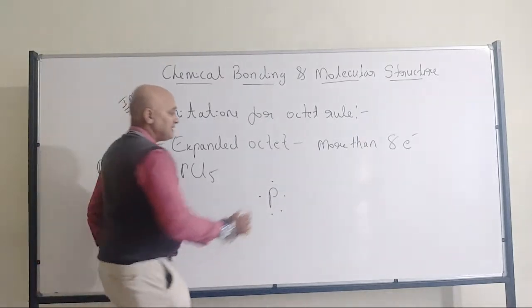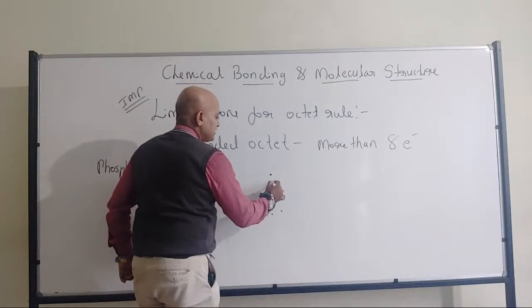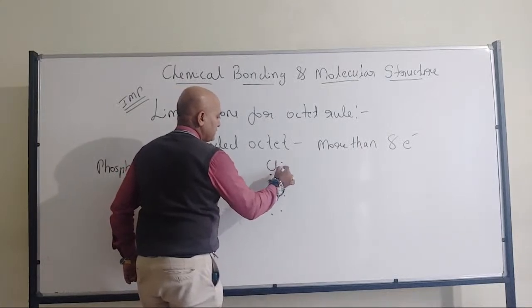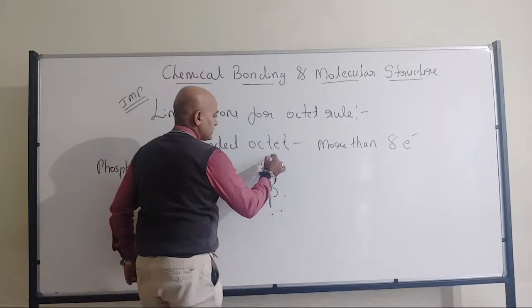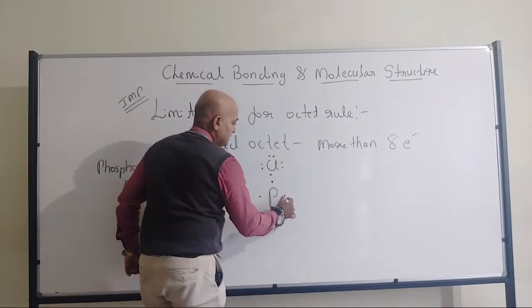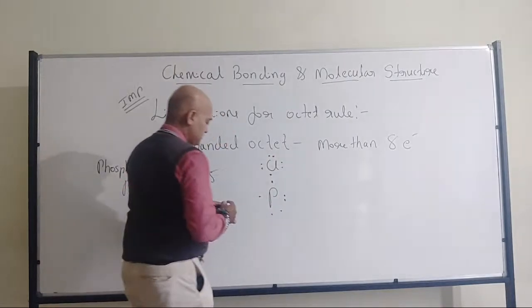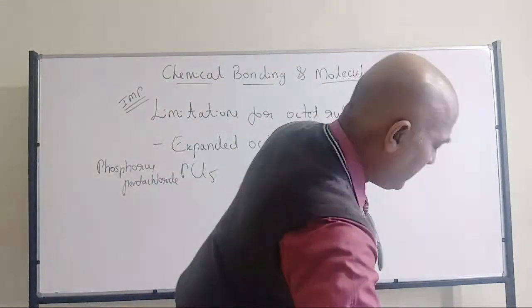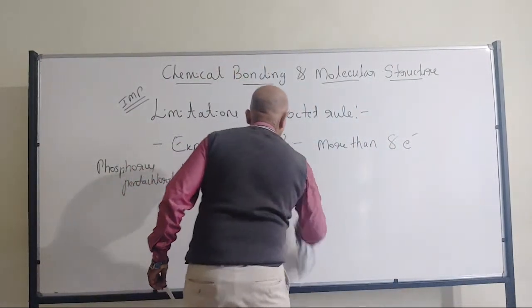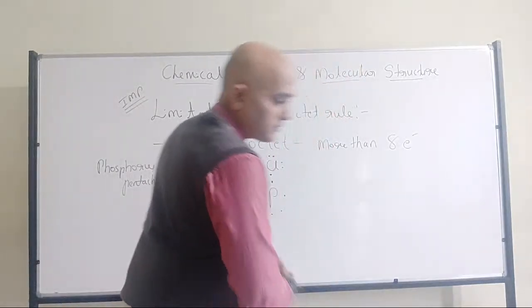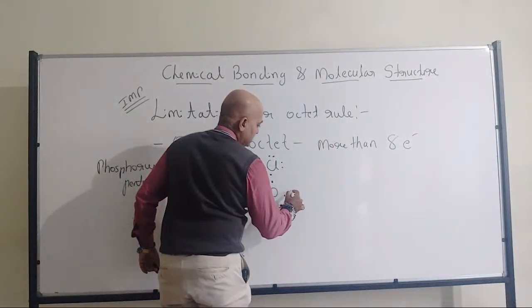Now one will be making interaction with one chlorine. Another is going to make interaction with another chlorine. So another chlorine.